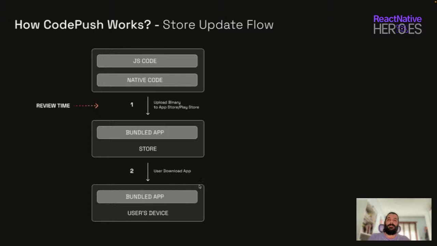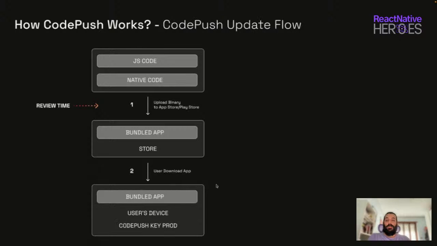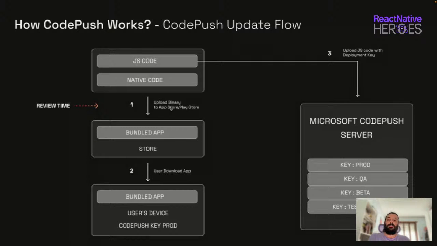But what changed adding CodePush? The App Store deployment process is still there, but the bundled app has a little bit of extra code that is going to look for something from another server. What is this server? Let's say you want to deploy an update after a bug fix.